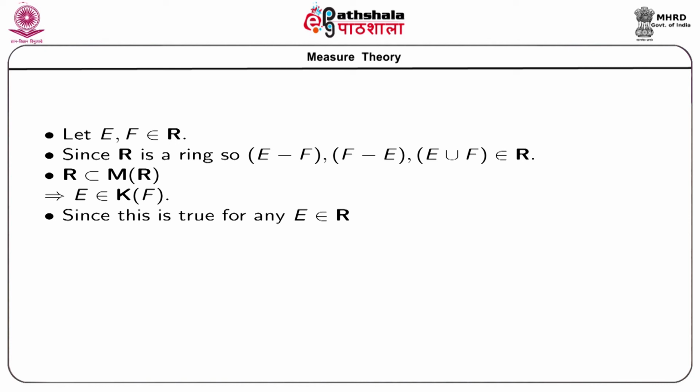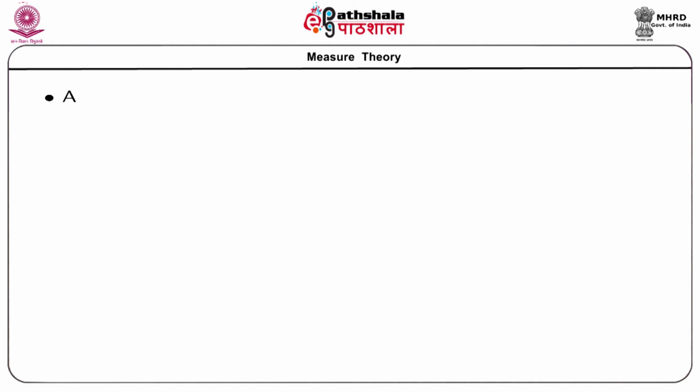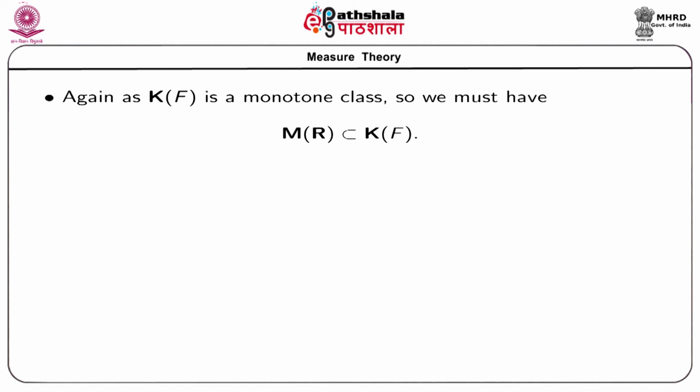Now, this is true for any E belonging to R. So, we must have R subset of Kf. Again, note that we have already seen that Kf is a monotone class when it is non-empty. In this case, obviously it is non-empty.